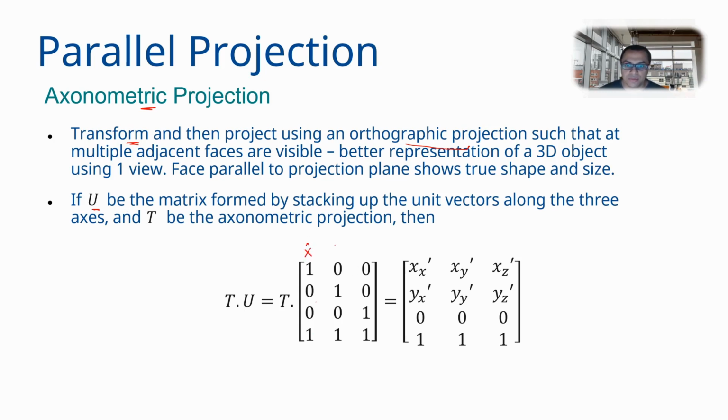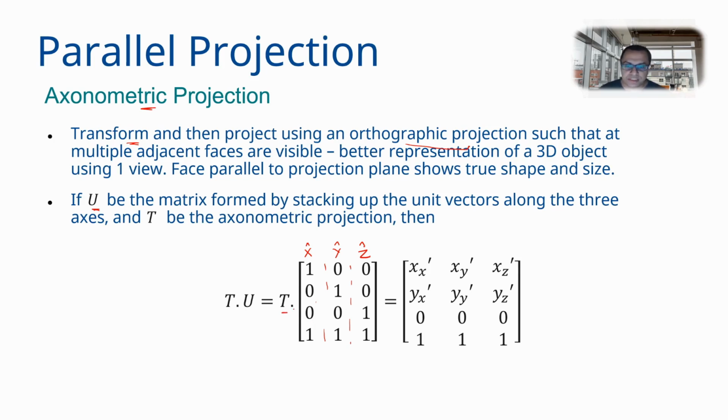This is the unit vector along x, this is the unit vector along y, and this is the unit vector along z. This is like a pseudo matrix. We have put together all these unit vectors to form a matrix, and to this I am applying, say, an axonometric projection T.